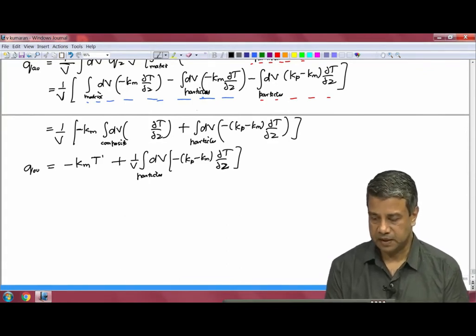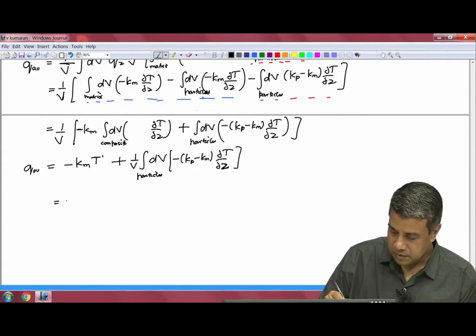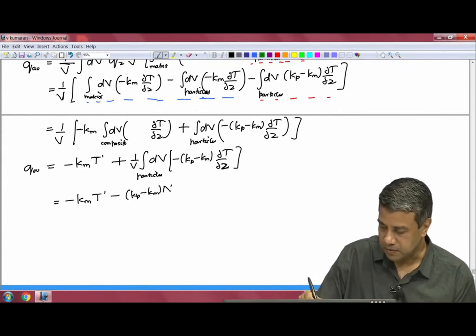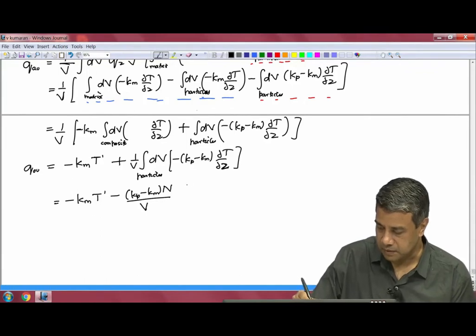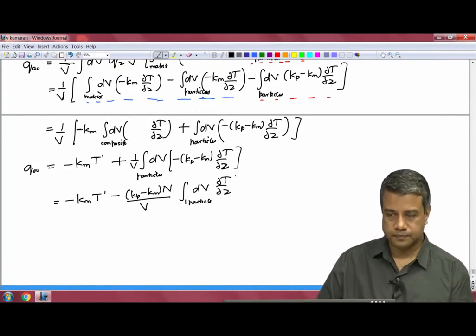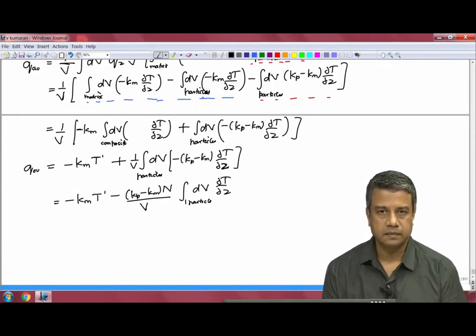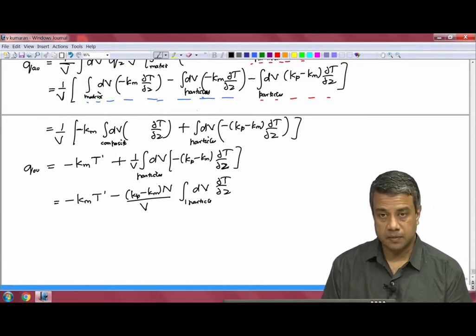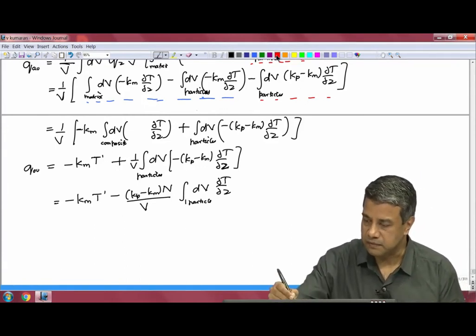So, this is going to be equal to minus Km T prime minus (Kp minus Km) into the number of particles divided by the total volume, integral over one particle dV times partial T by partial z, where n is the number of particles and V is the total volume.